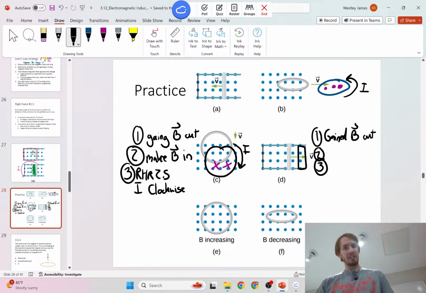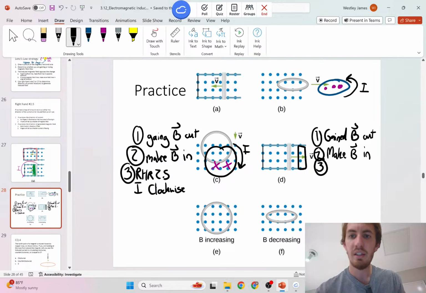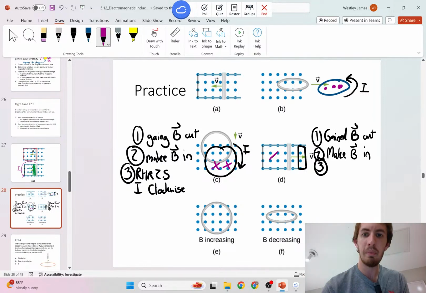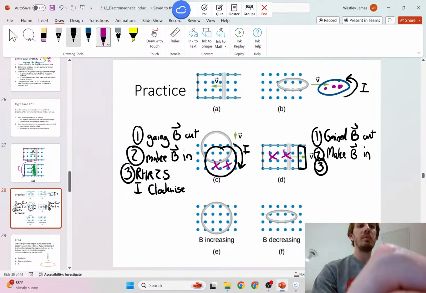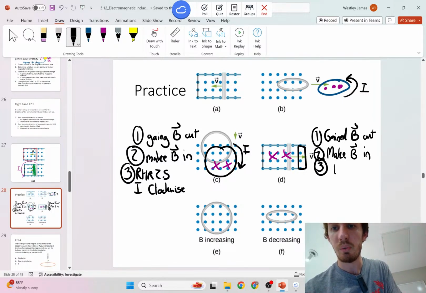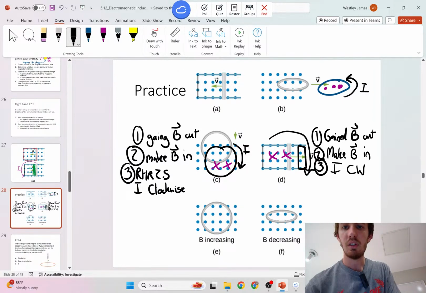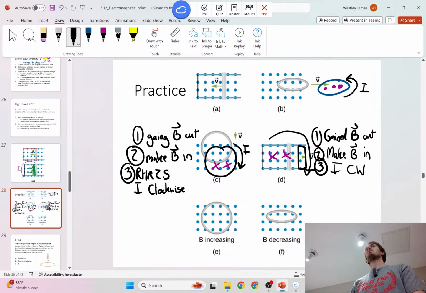How do I counteract gaining them? I make the opposite. So I make some B that are in. So I make some magnetic fields to cancel those out. And then the punchline is the exact same. If you have that, then the I is going to be clockwise. Right-hand rule 2.5. Clockwise. To counteract that change. It's all about how do I oppose the change? Which way do I make current to oppose the change?